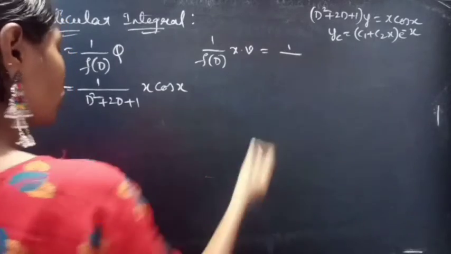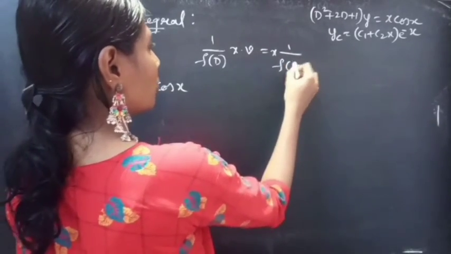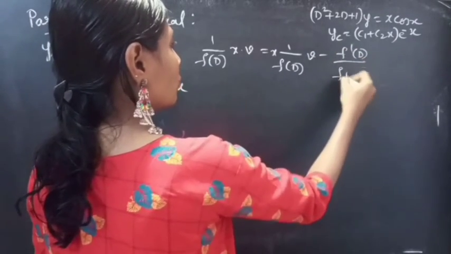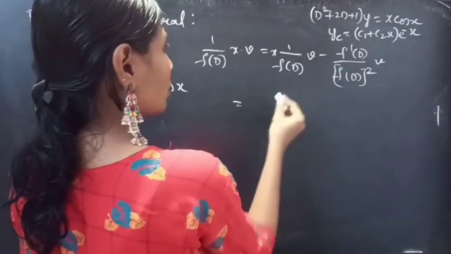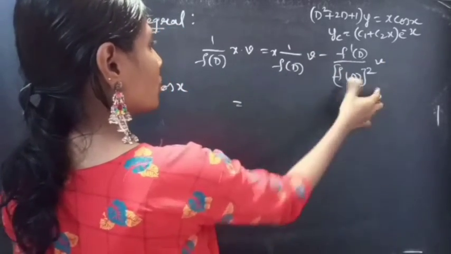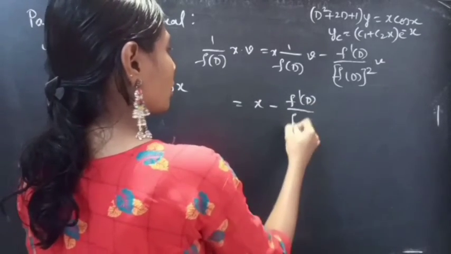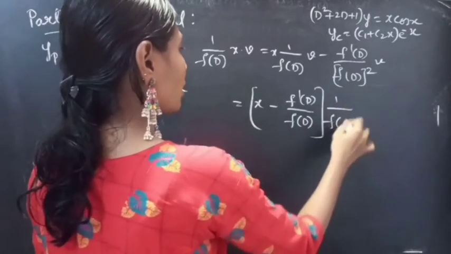Here we can use the formula: 1 by f of D into x into v is x into 1 by f of D into v minus f dash of D by f of D whole square into v, or just take 1 by f of D common from these two terms, we'll get x minus f dash of D by f of D, into 1 by f of D into v.